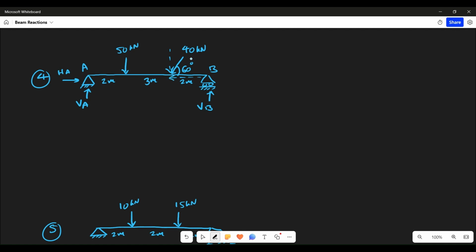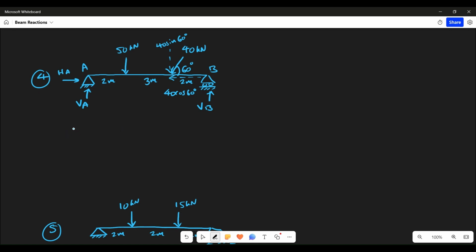Consider these two as shadows of this 40 kilonewton force. So this horizontal component will be 40 cos 60 degree and vertical component will be 40 sine 60 degree. This is simple. This is adjacent side, this is opposite side of the angle. So this is cos and this is sine.